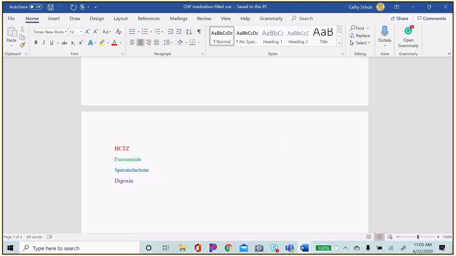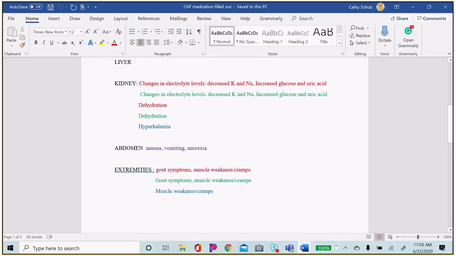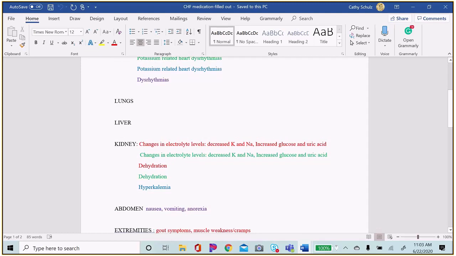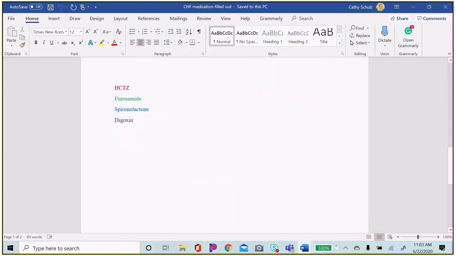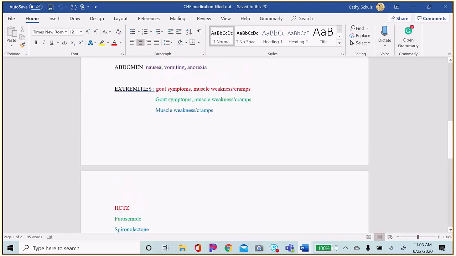So that's spironolactone's potential. Digoxin doesn't cause change in potassium, but we have to remember that a low potassium increases risk of toxicity. So I'll put mine up in the same area so you can look at mine too.